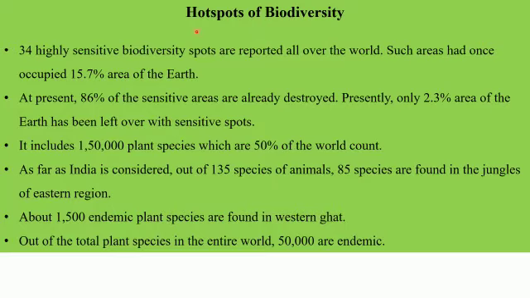Let us now understand what is a hotspot of biodiversity. By hotspot, we mean a biogeographical region with significant level of biodiversity that is threatened with destruction. So a region or a place that has significant level of biodiversity means it has a lot of variety. Various species of plants and animals are found in this place.